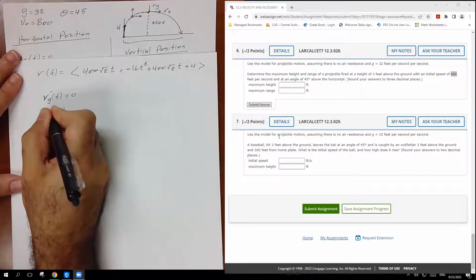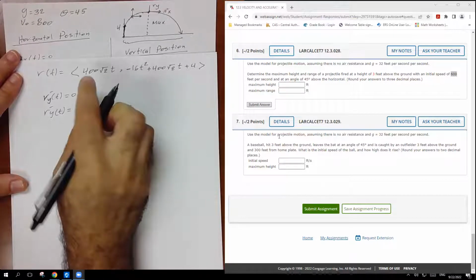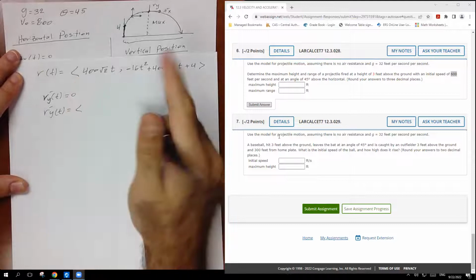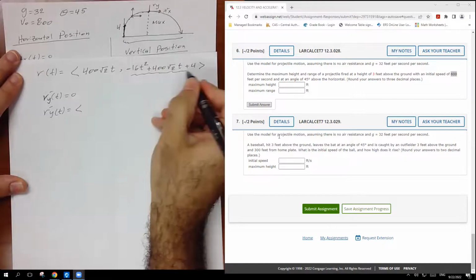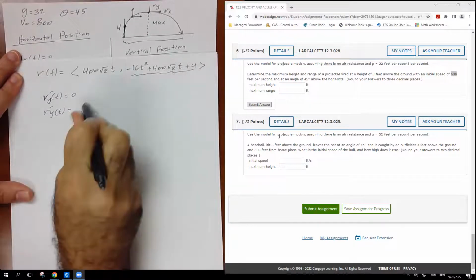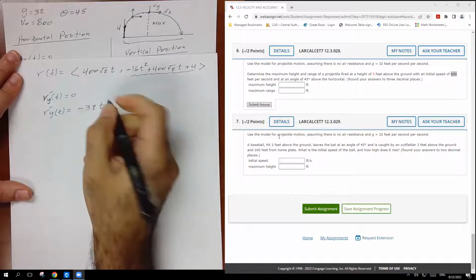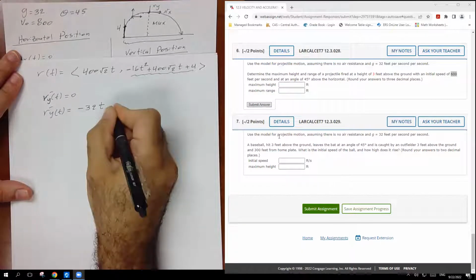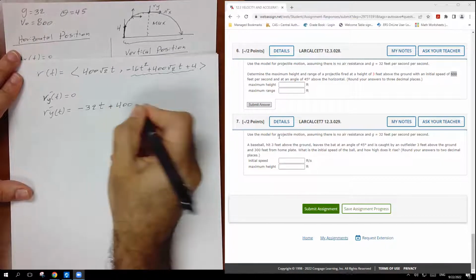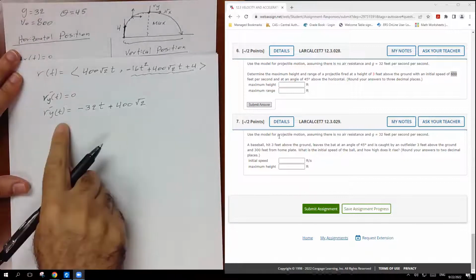The derivative is going to be for the y component only; I'm not taking the x, just for this one. Let's write it down without the vector, it's going to be easier. So negative 32 t plus 400 square root of 2.